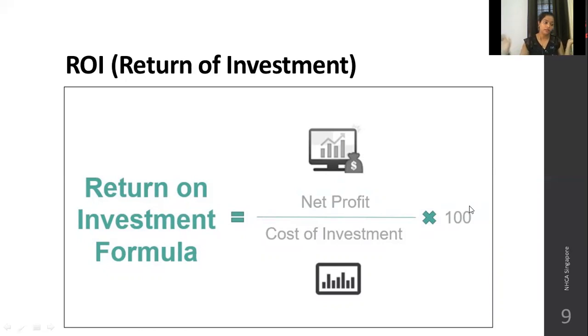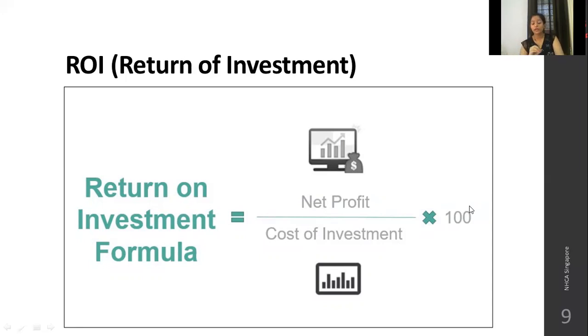If, for example, the return of investment is 10% in CT and 12% in MRI, you can understand that investing in an MRI machine was a better choice than investing in a CT, because the return of investment on the MRI machine is a bit higher than CT, but both are profitable.